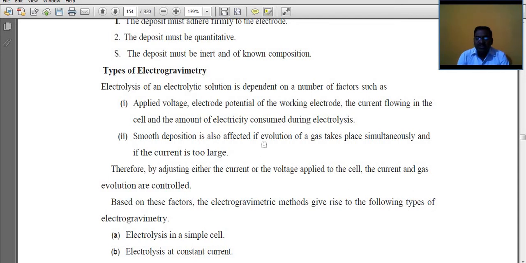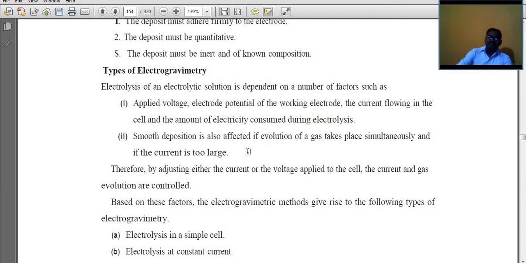Smooth deposition is also affected if evolution of a gas takes place simultaneously and if the current is too large. Therefore, by adjusting either the current or the voltage applied to the cell, the current and gas evolutions are controlled.